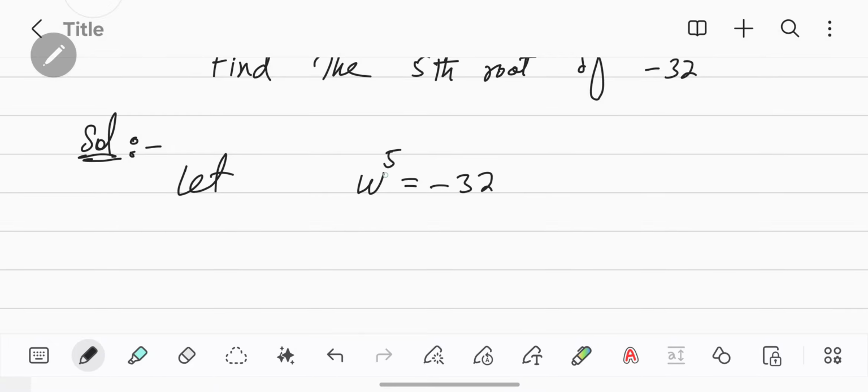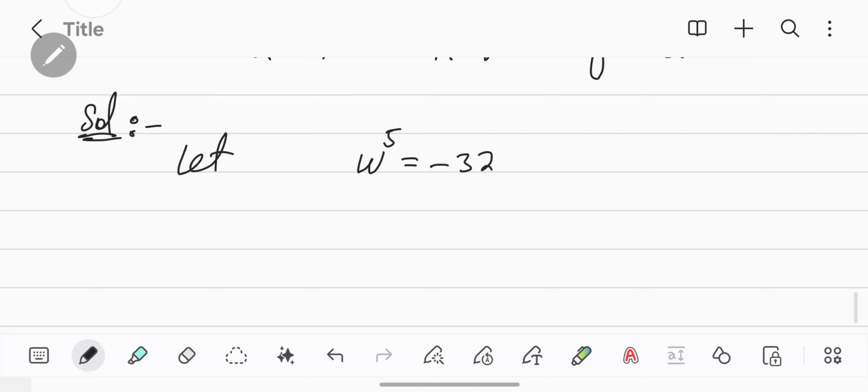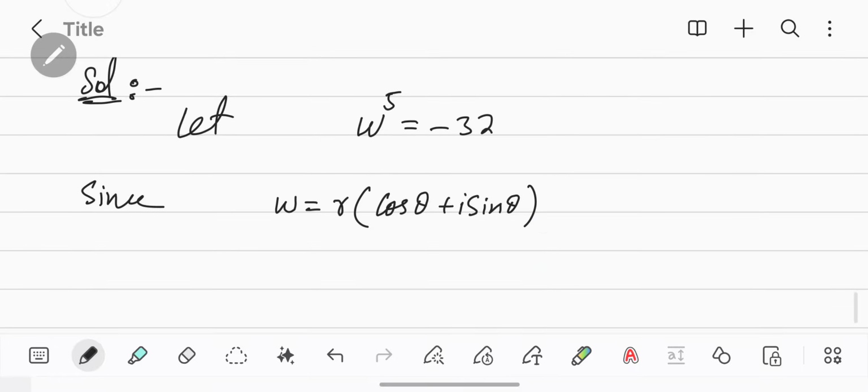You can write this complex number in the polar form. You know every complex number W can be written in the polar form as R times cosine theta plus I sine theta, right? But we need W to the fifth.